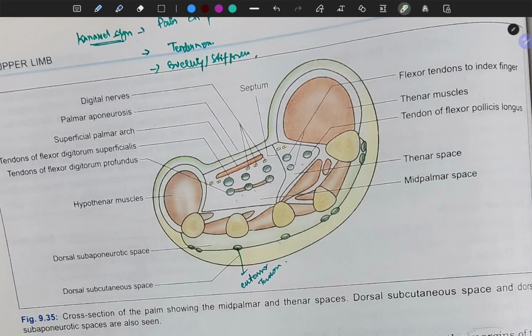So the tendons of FDP, FDS lie in the mid-palmar space, whereas in the thenar space there will be flexor tendons to the index finger and flexor pollicis longus tendon. The superficial palmar arch lies just beneath the palmar aponeurosis, and beneath the superficial palmar arch lie the digital nerves.